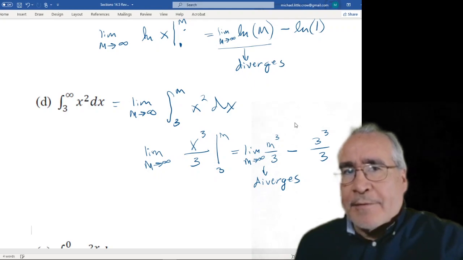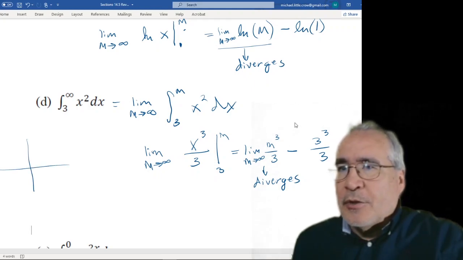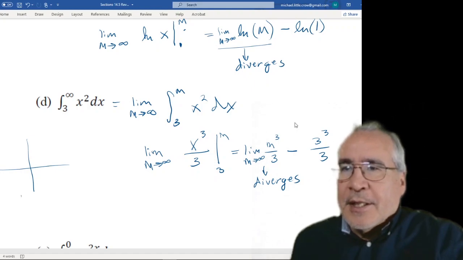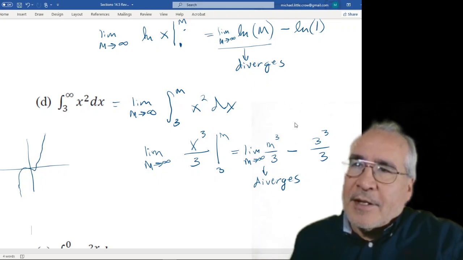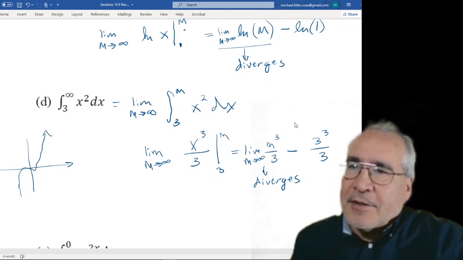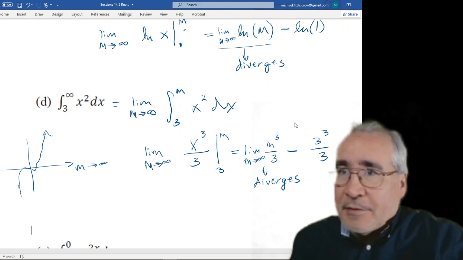And again, you could graph this and you would see a graph of x cubed over 3. It has this little loop-de-loop thing here, and then goes off. But it's this part, here's m going off to infinity. As this goes off to infinity, that's going off to infinity as well.